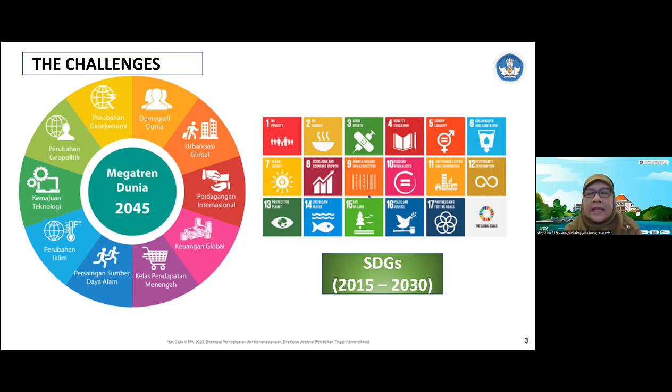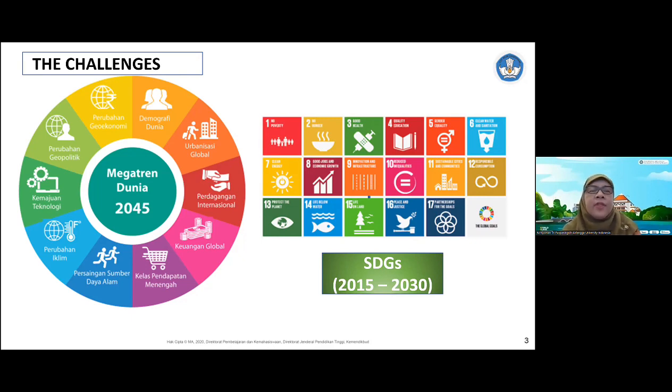If we look at the differences that Professor Mohammad also mentioned, what we are doing in the SDGs now is more about society, economy, and environment. This is very important: society, policy, economy, and also the environment.